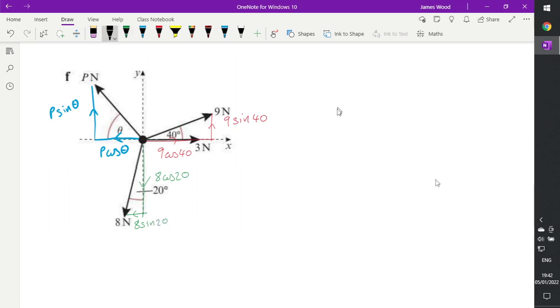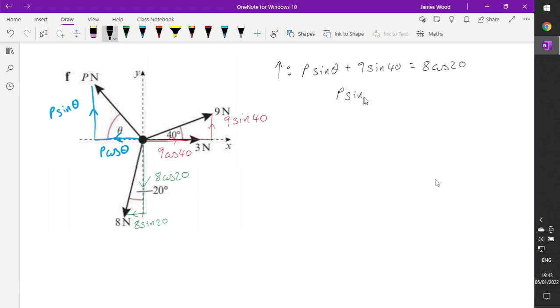And now we can resolve. So let's do vertical first. So vertically, P sine theta plus 9 sine 40 must be equal and opposite to 8 cos 20.